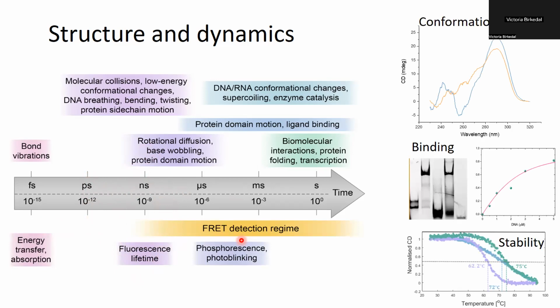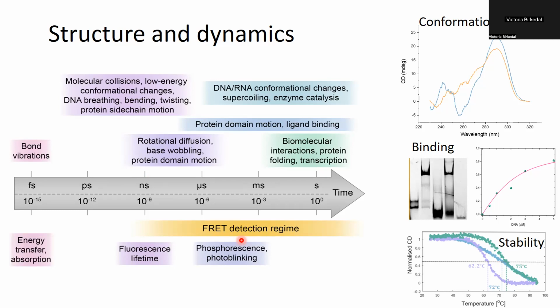And then I added that because I think that a single molecule method by itself can bring errors. So we always have to do the ensemble measurements, which look at the structure using, for example, CD, or binding using different methods, or the stability of the structure, which also brings important information. So maybe explain some of the graphs.